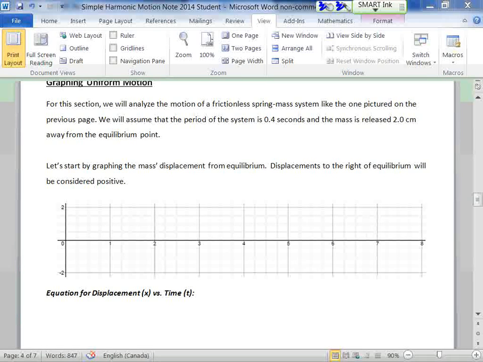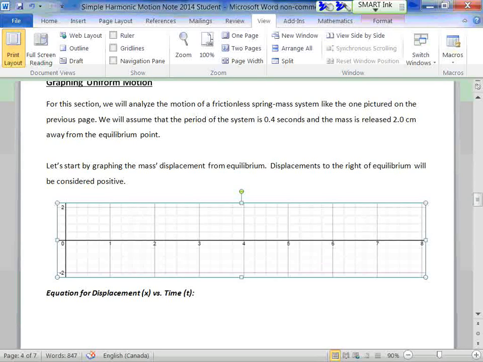Okay, so we pull the spring to its maximum extension and let it go. And we see that the period is 0.4 seconds here. This is 1/10 of a second. So there's one complete cycle of the object's displacement from equilibrium.